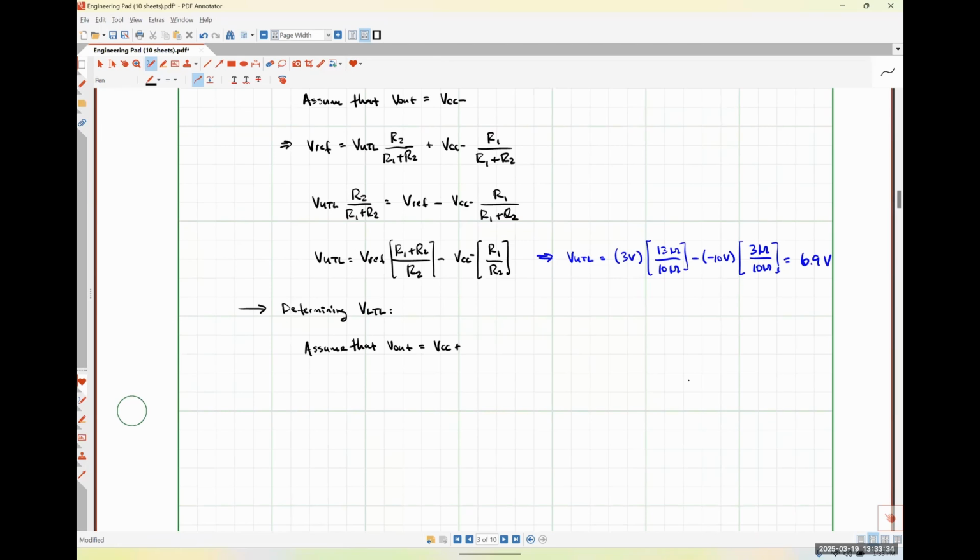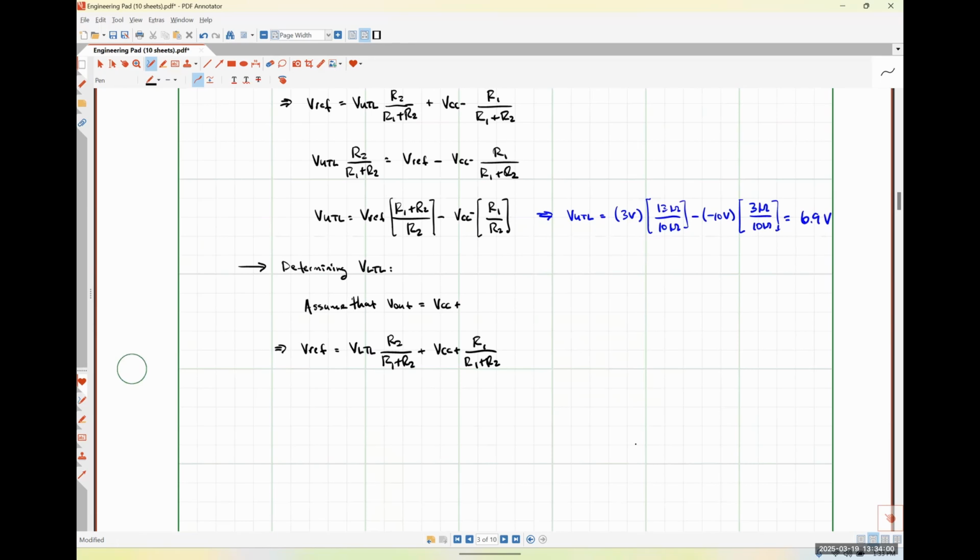And so I'd use my characteristic equation. In this case, I would have Vref is equal to V lower trigger limit times R2 over R1 plus R2, plus VCC plus times R1 over R1 plus R2. And I'm just going to rearrange this.